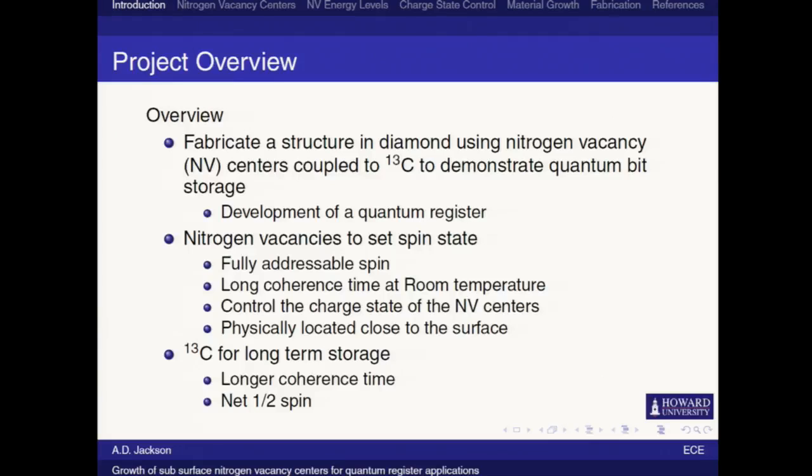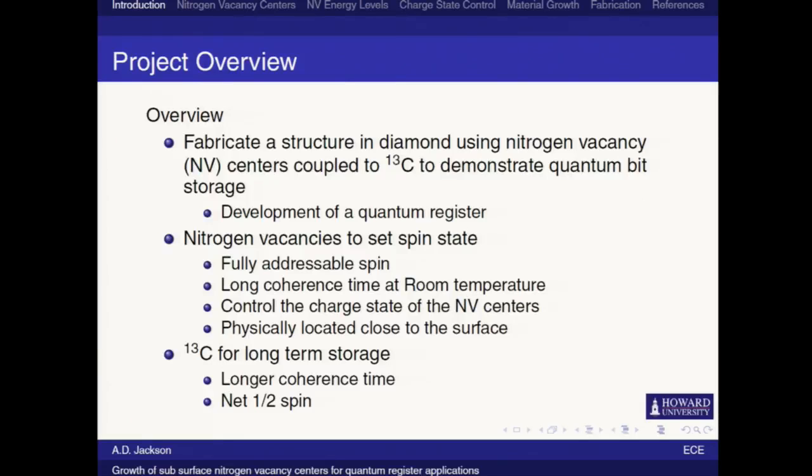The problem is that you have to be able to control the charge state of the NV centers, which I'm going to discuss a little bit later, and that's actually one of the main parts of this project. Also, the nitrogen vacancy centers need to be close to the surface, about 5 nanometers from the surface.